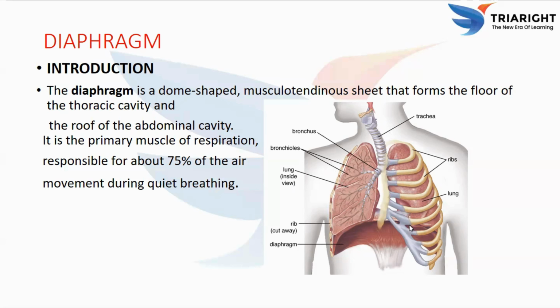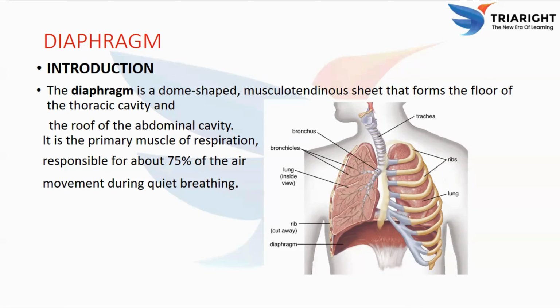So it expands. During exhalation, when you exhale carbon dioxide outside, what happens? The diaphragm relaxes and moves upward. This decreases the thoracic cavity volume so that it pushes the air out of the lungs.